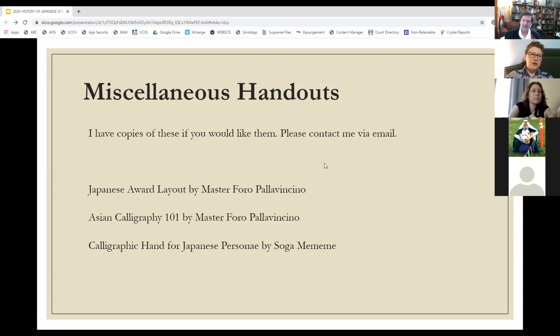But I always recommend contacting Baron Foro Pallavicino. There's other people you can reach out to on the SCA Scribes page or the SCA Scroll Gallery, and ask if anybody can do translation for you. And usually you'll get a response pretty darn quickly. People are very willing and very happy to help others in that respect.